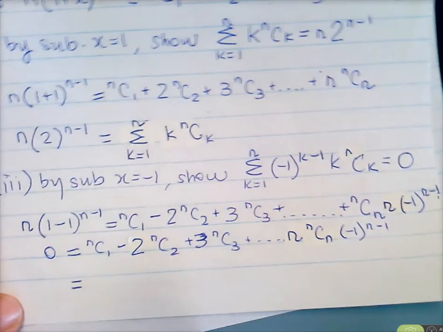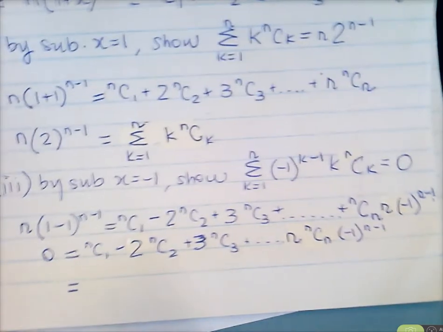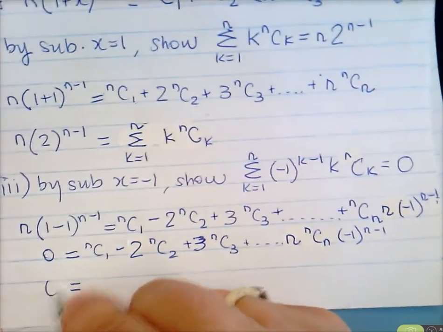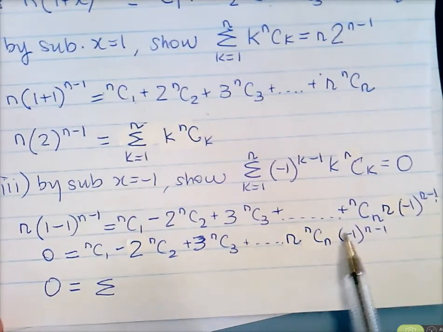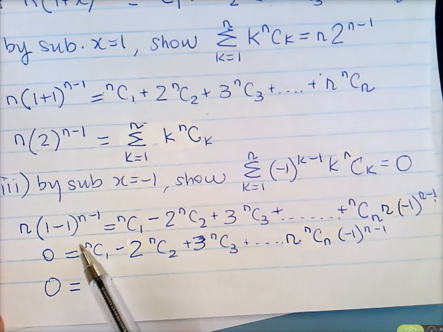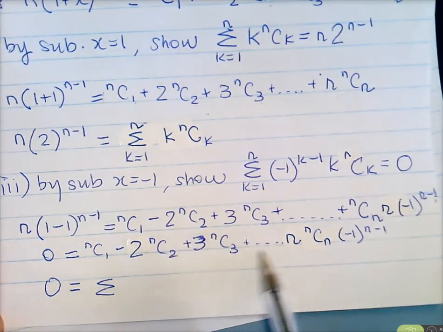Now, what we're going to have to do here is rewrite this as a summation. I'm just going to put the general term here, but notice you've got 1 nC1 minus 2 nC2 plus 3 nC3, whatever.